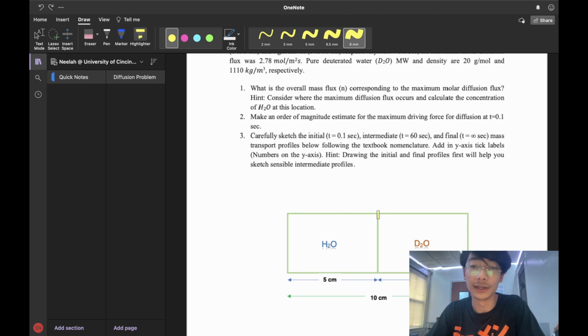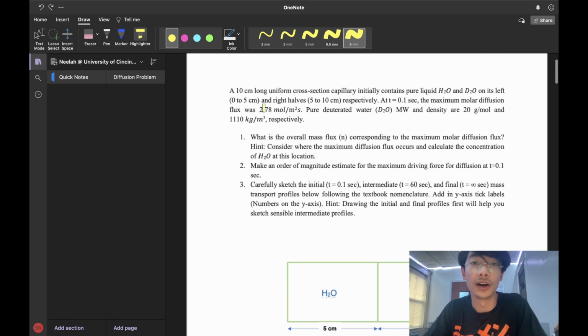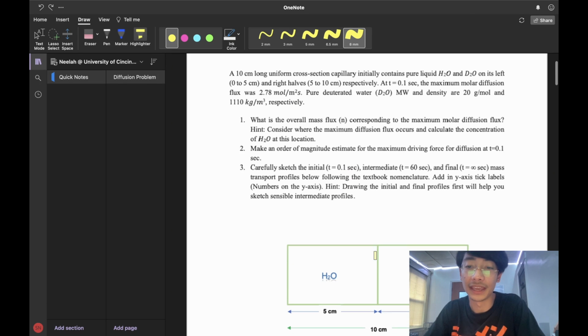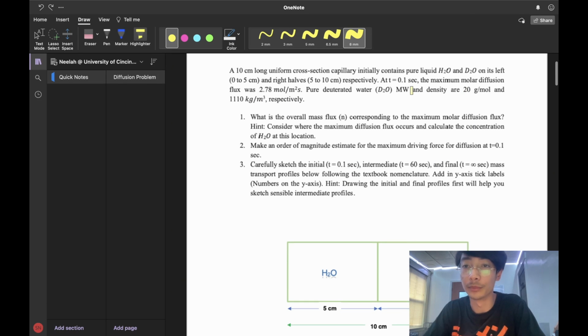Let's assume that there's a barrier right down the middle, and it is removed at t equals 0 seconds. After about 0.1 second, we measured the maximum molar diffusion flux to be 2.78. And the molecular weight of D2O is given to be 20, and its density is 1110.